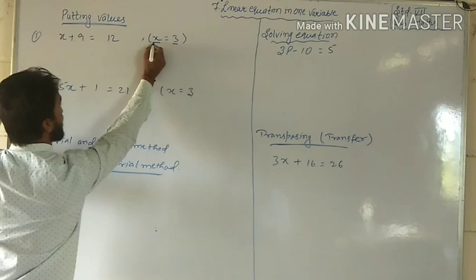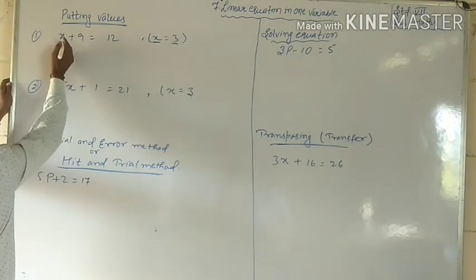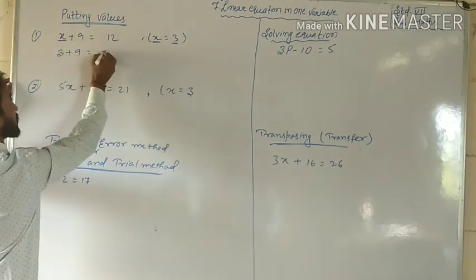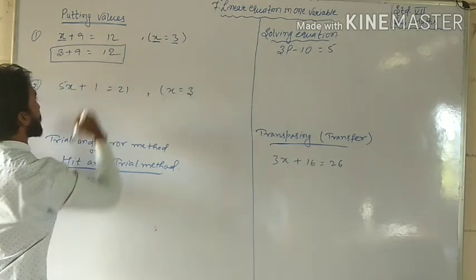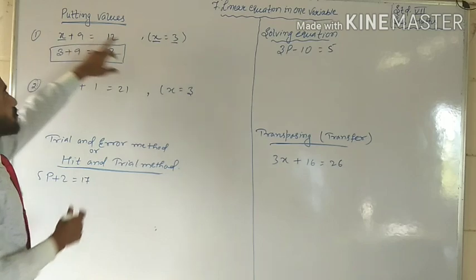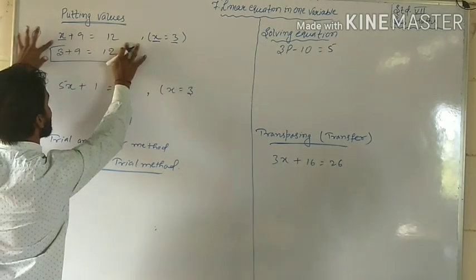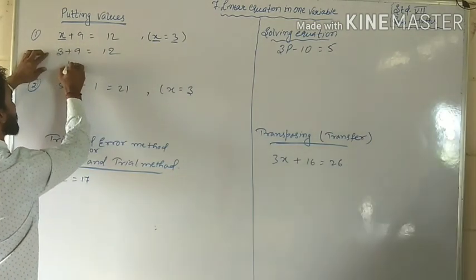So x is equal to 3, and this numerical value you have to insert at the place of x. So 3 plus 9 is equal to 12. See, is this equation satisfied or not? 3 plus 9 is equal to 12 after putting the value x is equal to 3. So we can see again, 3 plus 9 is equal to 12.